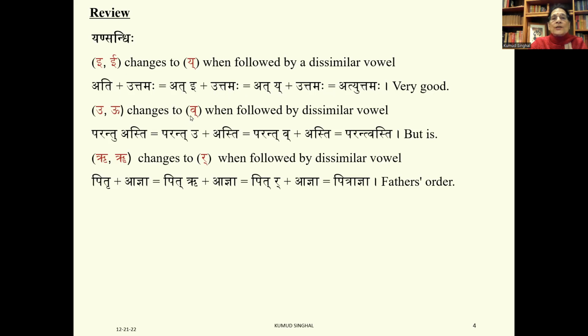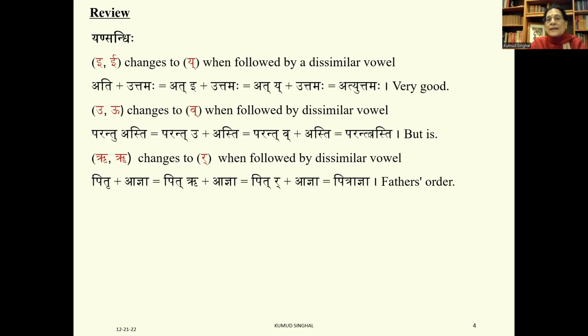u or ū changes to va when followed by a dissimilar vowel. Parantu asti, but is. Parantu ends in u, asti starts with a. So u is following a dissimilar vowel, so u is changed to a semi-vowel. V is a consonant, so t and v is a conjunct consonant.